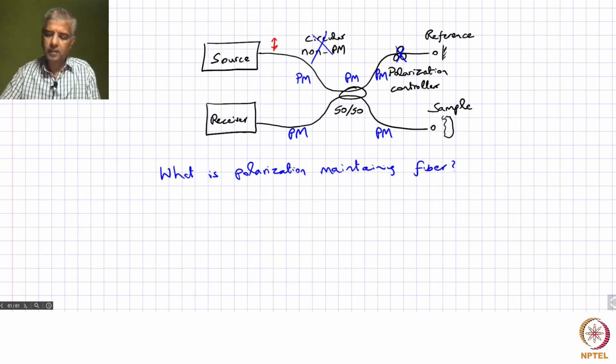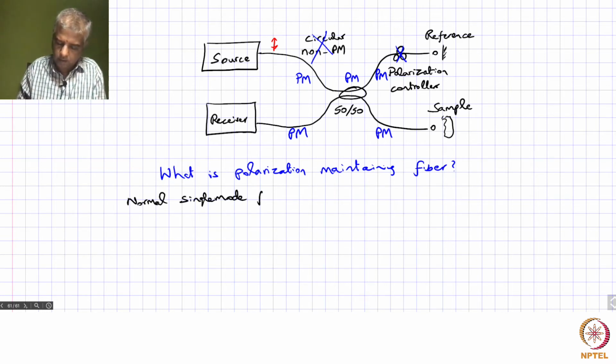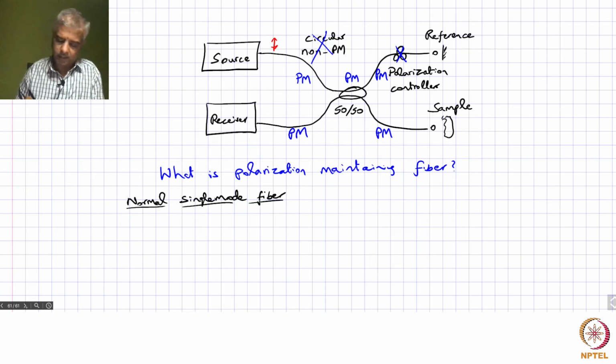So let us look at a non-polarization maintaining fiber, which is what you call a normal or standard single mode fiber. How does polarized light propagate inside that?